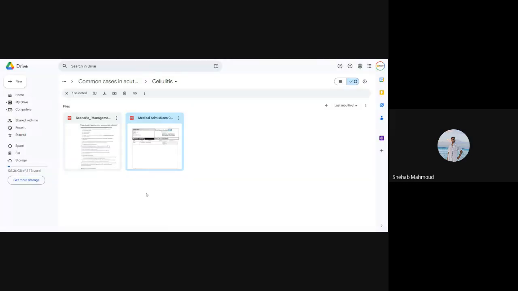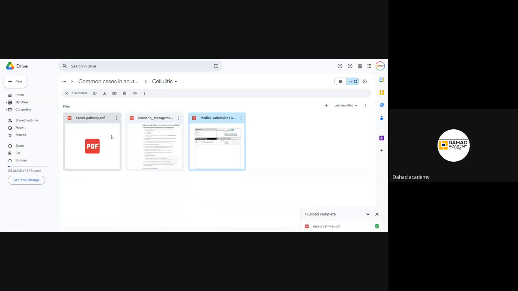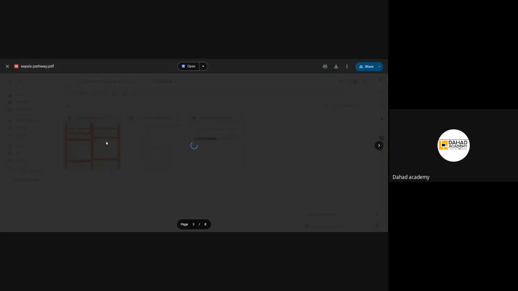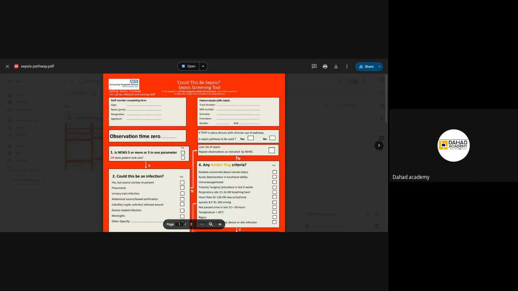I can't remember. It's the sepsis pathway. The sepsis pathway. All the patients who came to you in the hospital, you might need to give her something. She has an infection, this lady. So sepsis pathway, sepsis protocol.